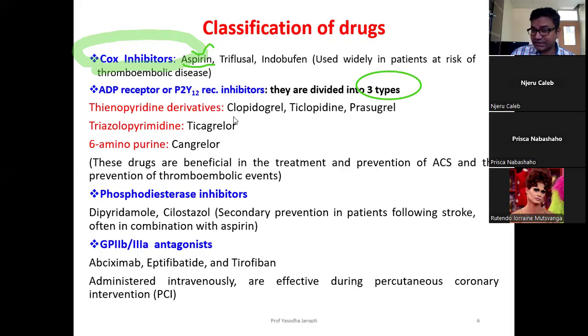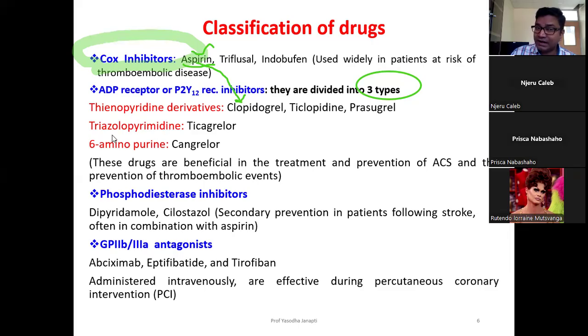Example drugs: clopidogrel, very widely used along with aspirin, where the combination is present, ticlopidine, prasugrel.